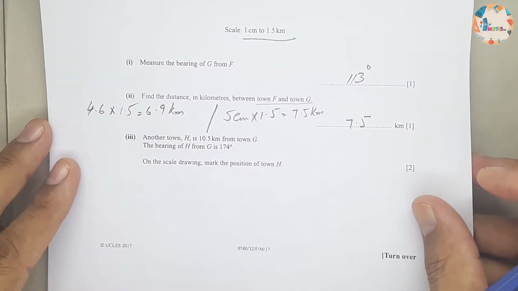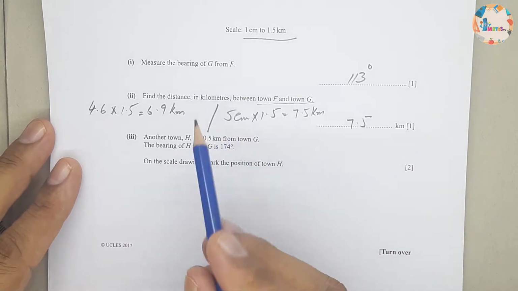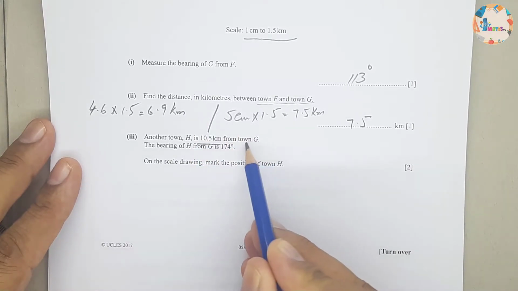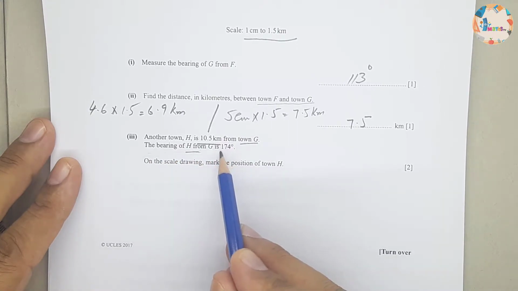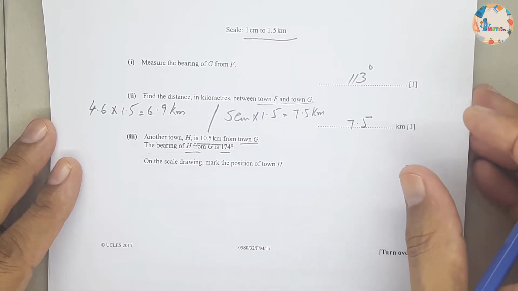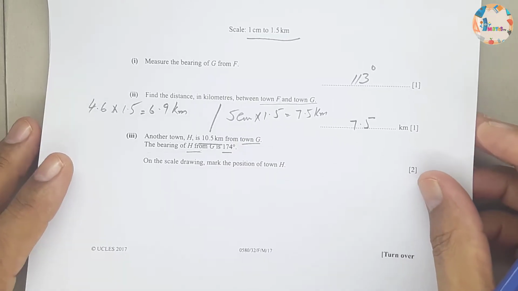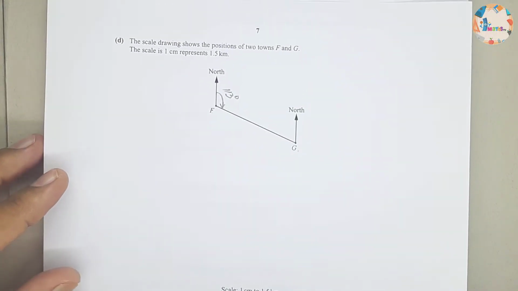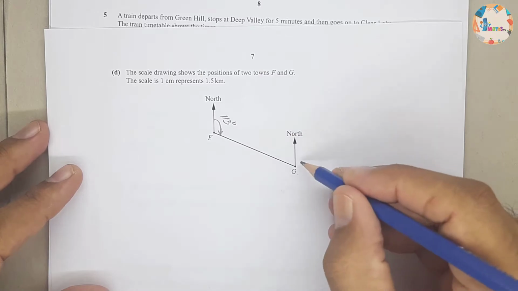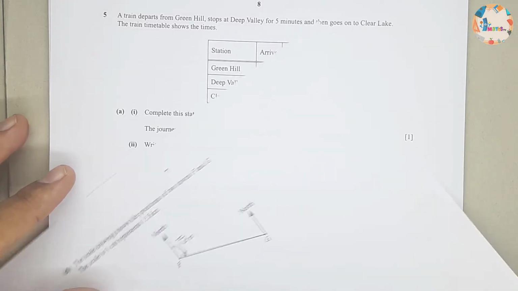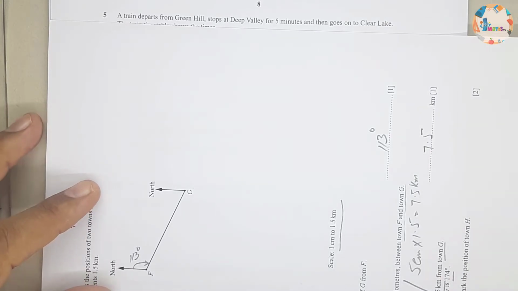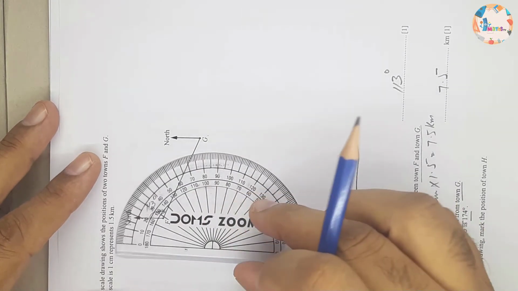Now another town H is 10.5 kilometers from G. The bearing of H is 147 from G. So 147 from G. So 147 will be on this side. We will be checking this one, 147.